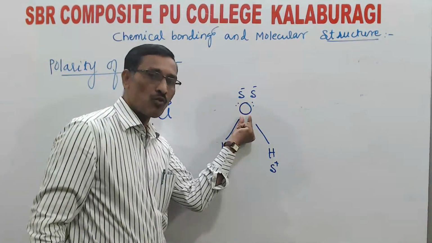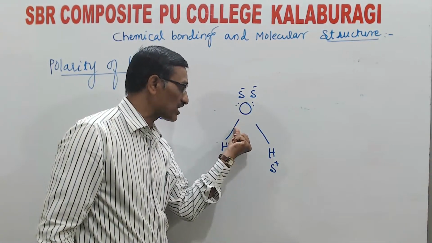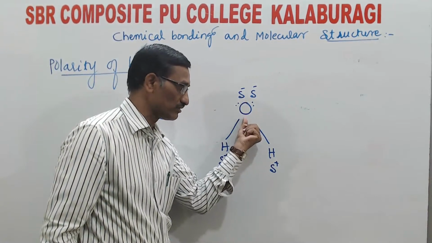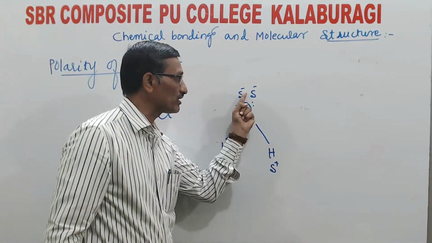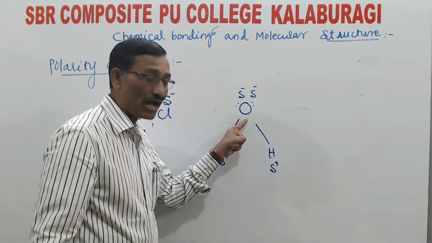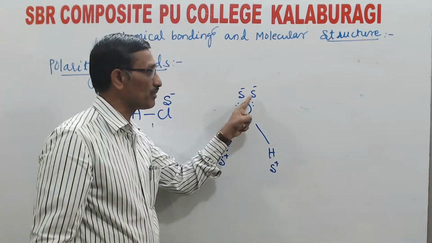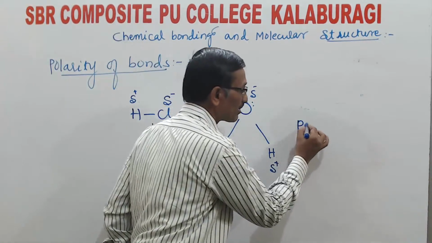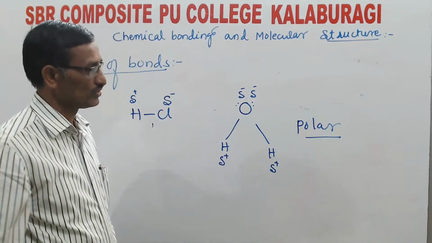Oxygen being more electronegative, the bonded pair of electrons is attracted towards the oxygen side. So the two O-H bonds are there, with delta minus on oxygen. There is also a slight charge separation in this molecule, that you have to remember. This is also a polar molecule, polar in nature.